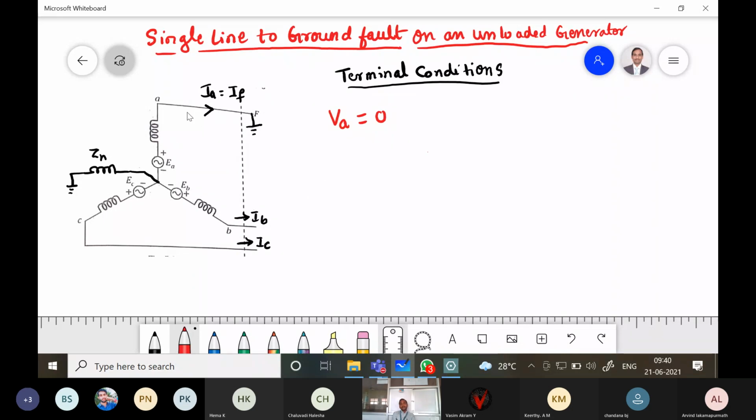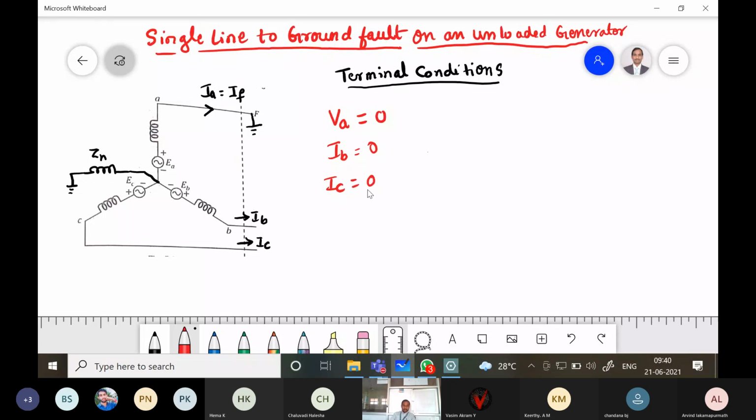Only IA will be there because it is a shunt fault. When it is short circuited with respect to the ground, the voltage across that particular system is 0. And what about the currents IB and IC? IB and IC are also equal to 0. All the current flows through the fault, since we have the direct path for the current. Therefore IB is equal to 0 and IC is equal to 0.